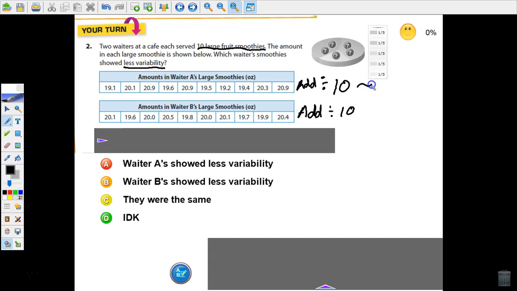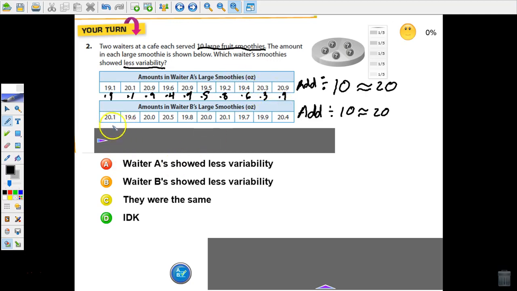So my mean is about 20. And my mean is about 20. Woo! Okay. So we find it all. We get 0.9, we get 0.1, we get 0.9, we get 0.4, we get 0.9, we get 0.5, we get 0.8, we get 0.6, we get 0.3, and we get 0.9.